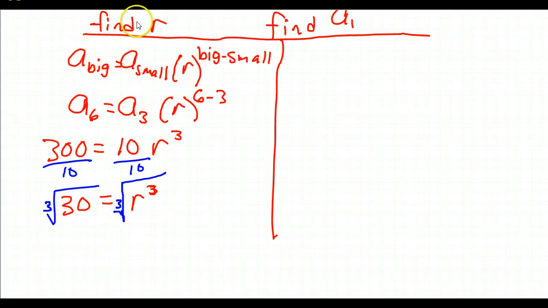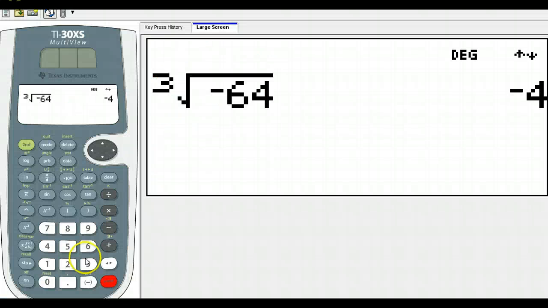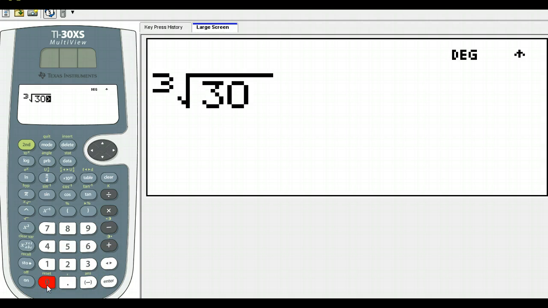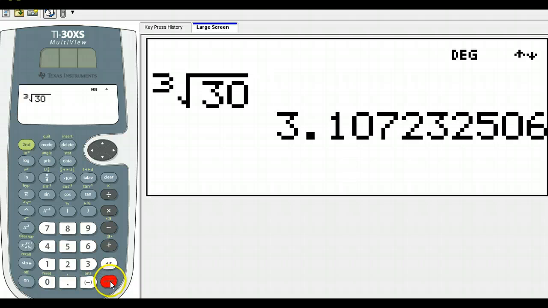So that's going to leave me with R equals. Now, remember how we type in the cube root. If you want to do the cube root, you have to start with the 3, and then you hit second caret, and it becomes the cube root. So we need the cube root of 30, and there it is.